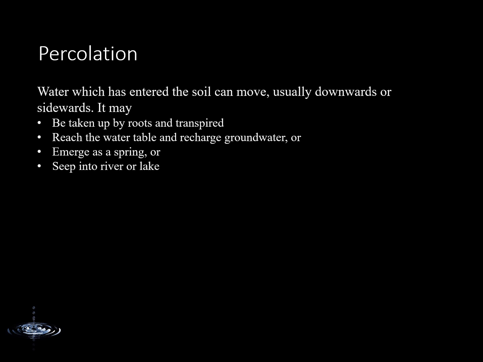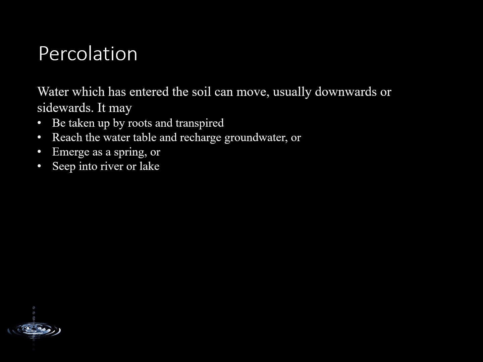Okay, so water infiltrates from the surface, and then it percolates and it goes down to the groundwater table and it recharges. And in some cases, water can also emerge as spring. So when it moves laterally, not 100% lateral, so maybe some downward slope and also laterally.